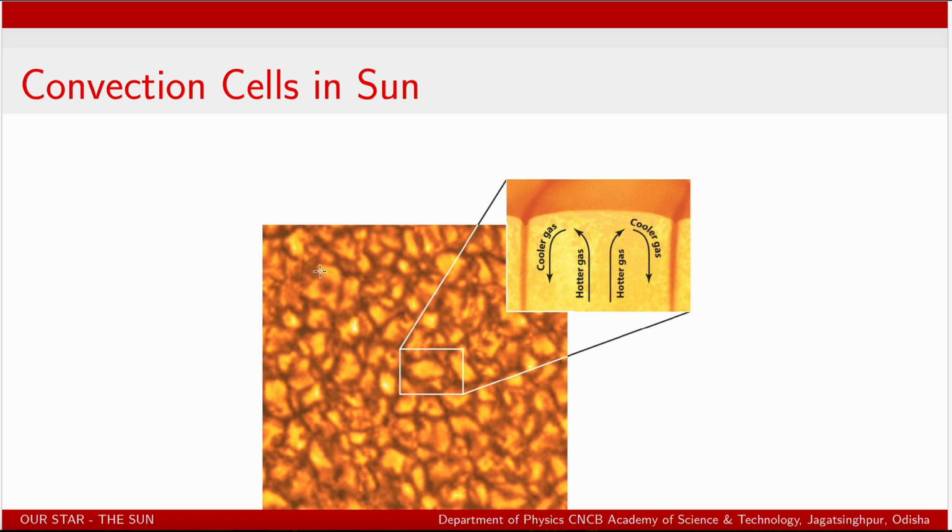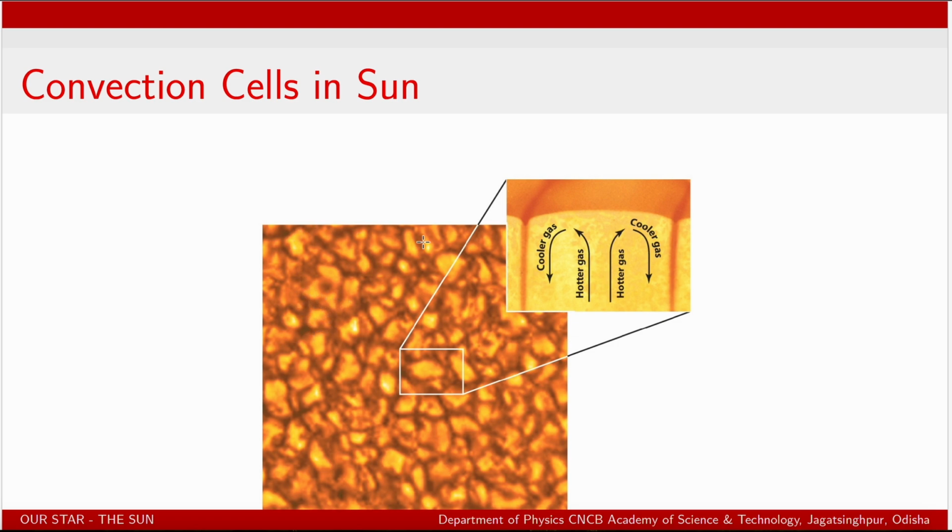In the granular regions, you see bright spots surrounded by dark regions. These are all convection cells. If you are looking at the top, the bright spots represent the rising hot plasma, and the dark regions represent the cool plasma that is sinking, and that is why it appears dark.